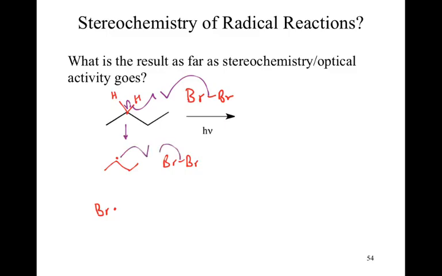So we might expect this kind of result, which would get us to our final product with the bromine attached and a bromine radical. The other one, more than likely, would encounter more alkane floating around, and we would end up forming more of that carbon radical, which could then react with more bromine.